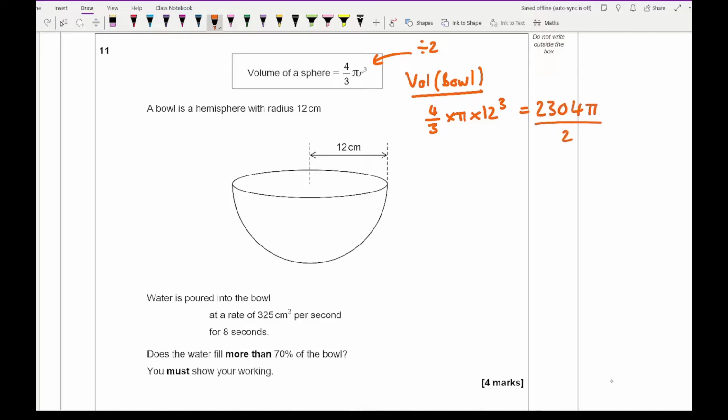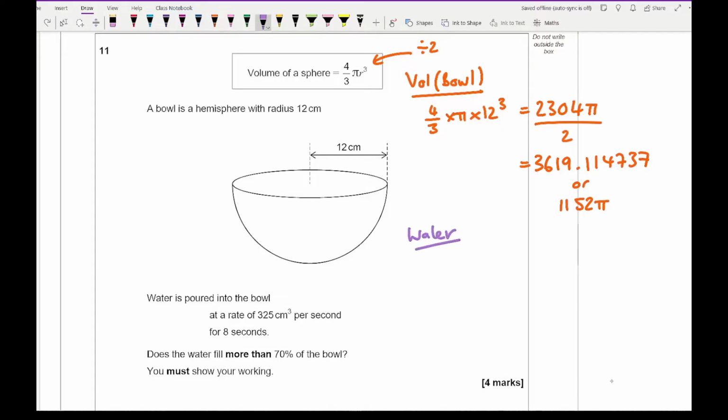We're going to divide that by 2, in which I get an answer of 3619.114737, or 1152 pi.